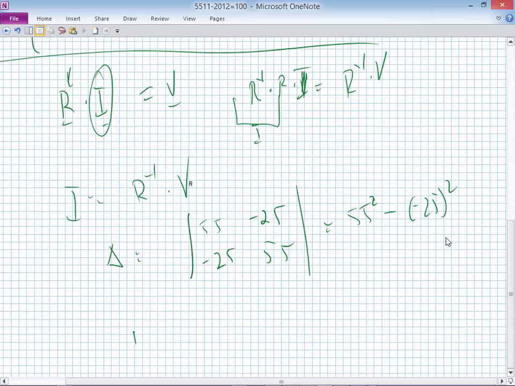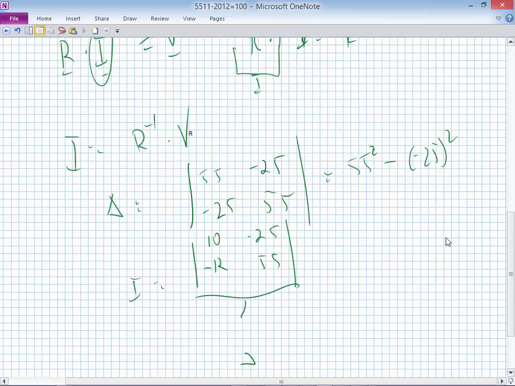And so I1 is equal to the determinant of 10 minus 12, 20 minus 25, 55 over delta, right? That's the way you solve that, right? That there. And when you got to a 3 by 3, then you had to do 3 of these, right?